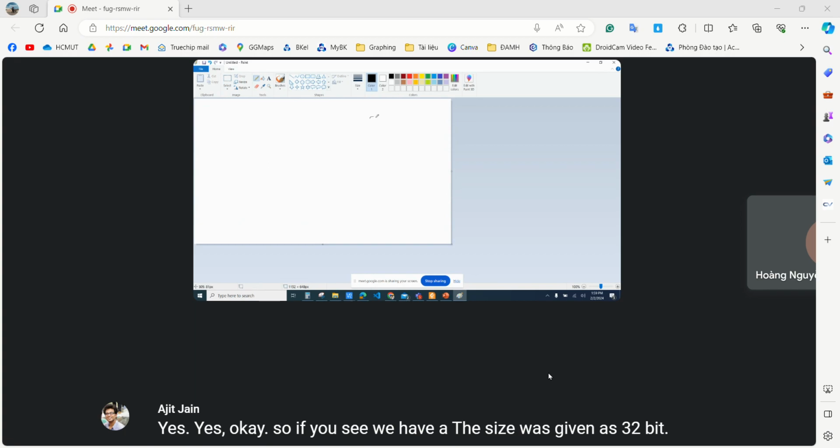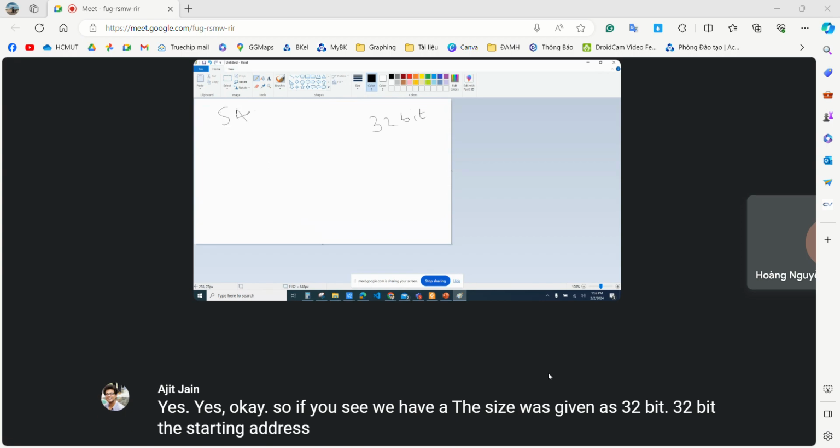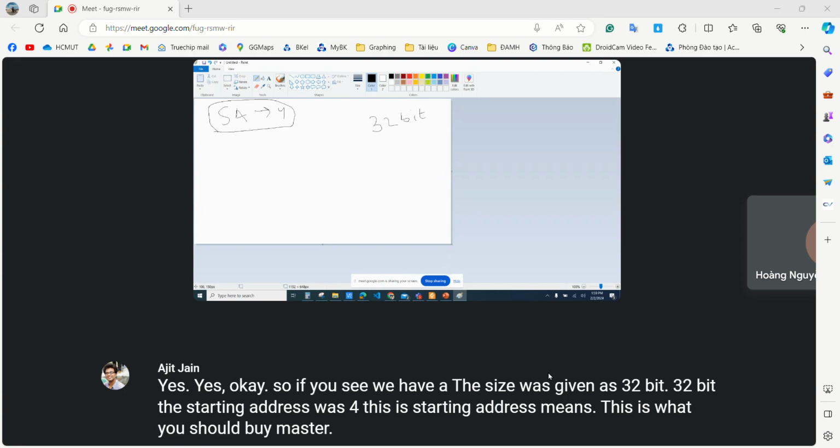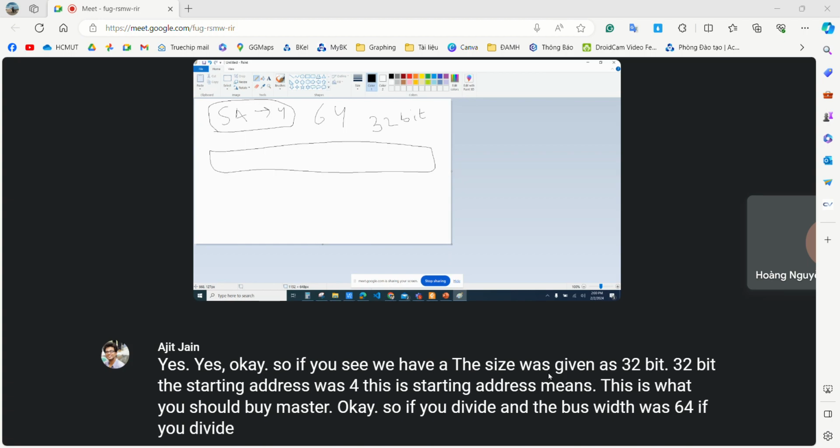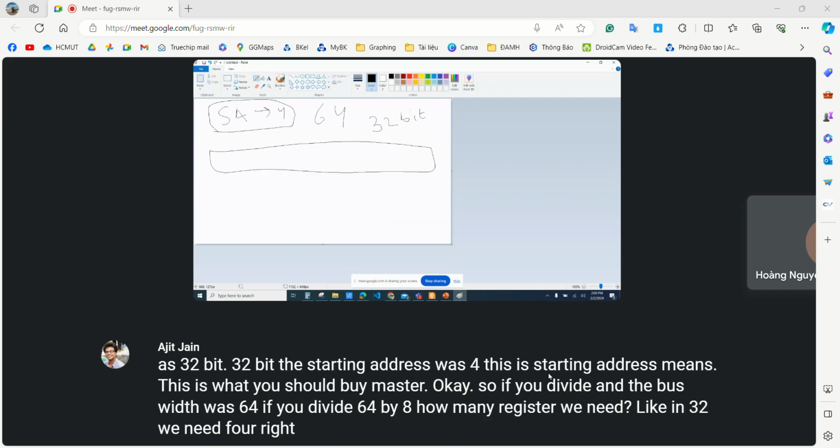So if you see, the size was given as 32 bits and the starting address was 4. This starting address is what is issued by the master. The bus width was 64, so if you divide 64 by 8, how many registers do we need? Like in 32 we needed 4, as we saw last time.